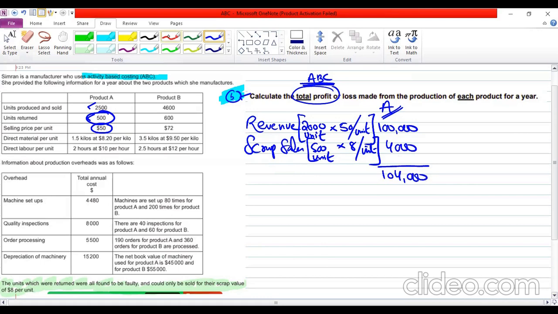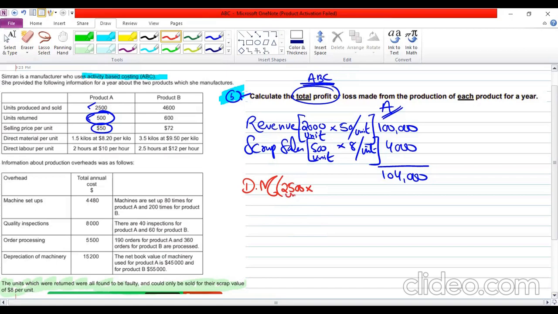No, sir, no problem. Now one by one, be with me and tell me the expenses. Direct material. You are producing 2,500 units. Although sold is only 2,000 and the rest is scrapped out, you are producing 2,500 units. So material is going to be incurred for 2,500 units.